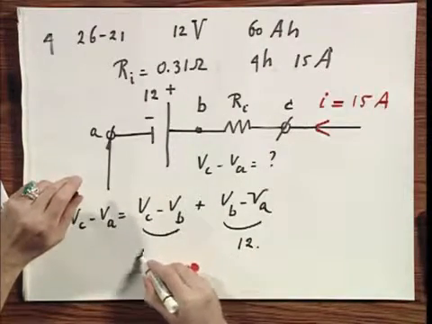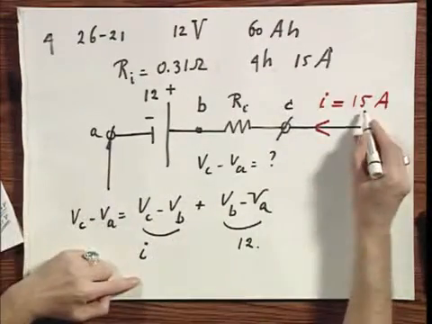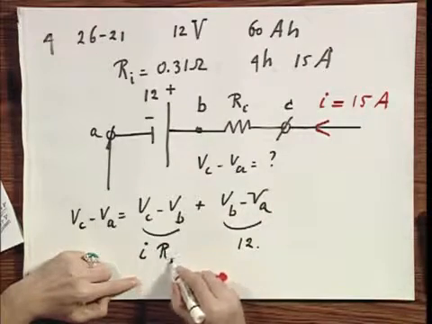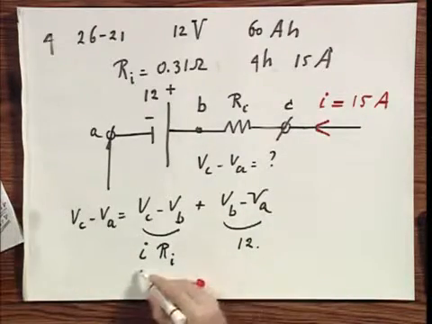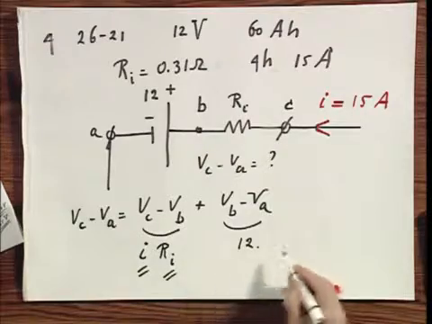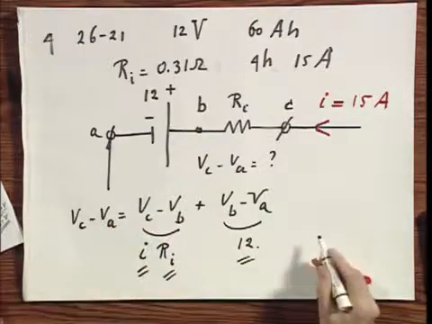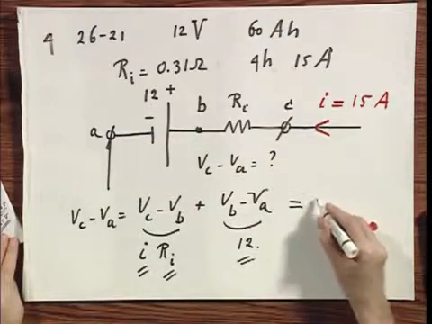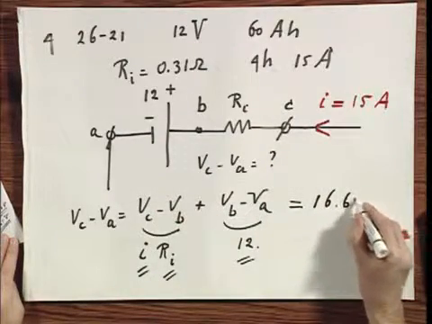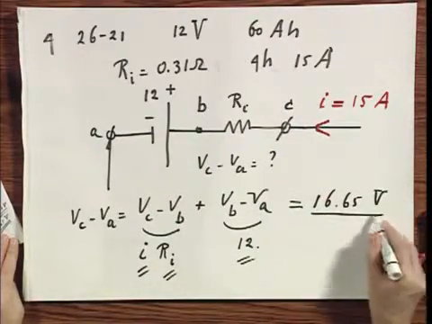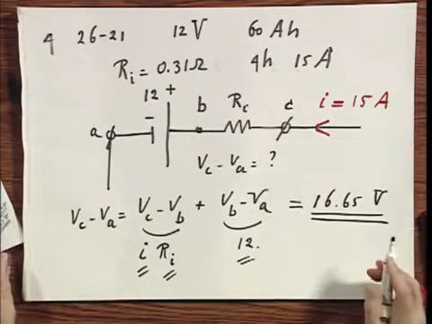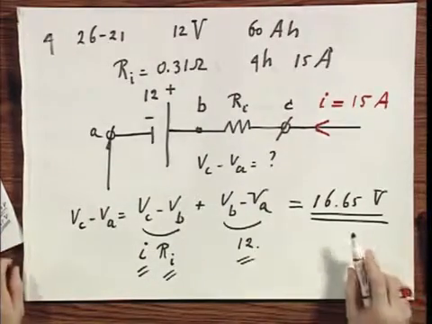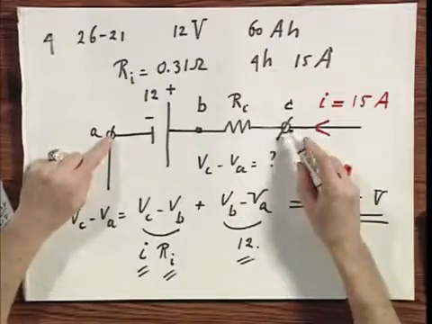And this is that charging current of 15 amperes times the internal resistance. You know I, you know Ri, you know 12, and so you find immediately that Vc minus Va happens to be 16.65 volts.